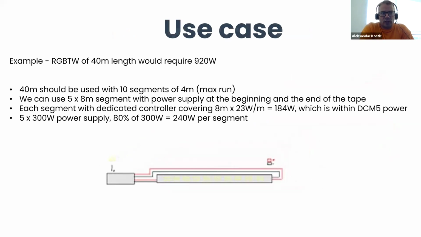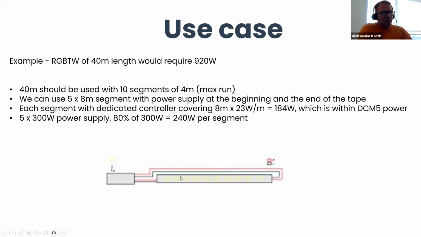As the max run length of RGB tunable white LED tape is 4 meters, I have to split these 40 meters into 10 segments of 4 meters, each having one power injector. How can we do it? We can use, for example, 5 times 8 meter segments, with a power supply at the beginning and the end of the tape, like in this example.